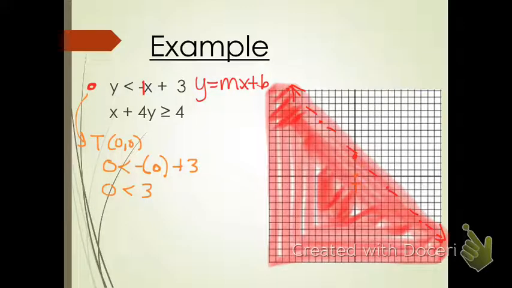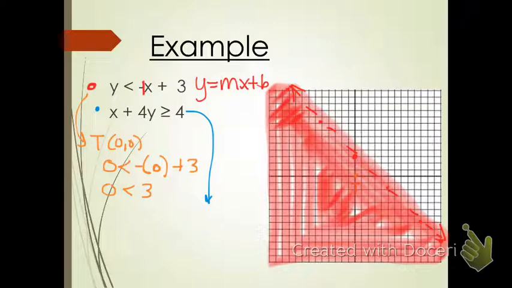Now we're going to repeat this with the second inequality. x plus 4y is greater than or equal to 4. So this inequality is in standard form, which means it might be good to find the intercepts.